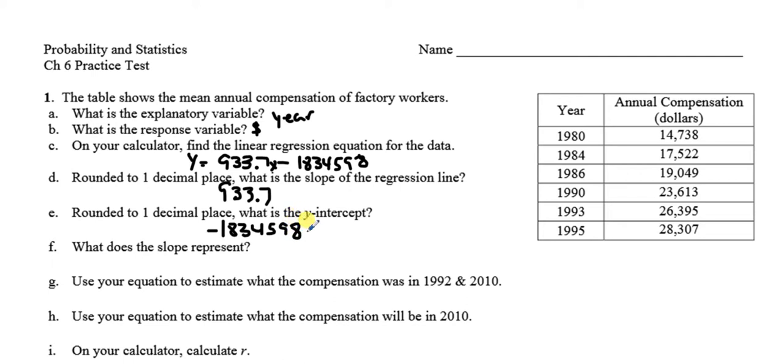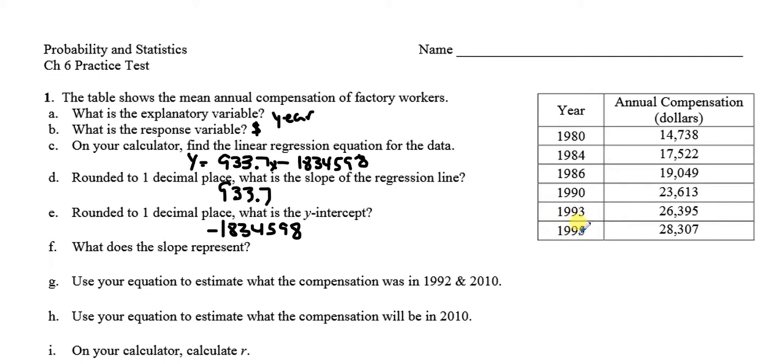And this gives us a really good example of why linear regression doesn't always work outside the scope of our data. We started our data in the year 1980, and we're using the number 1980. So if we were to graph this on our x-axis, we're out at 1980, and we went through 1995.